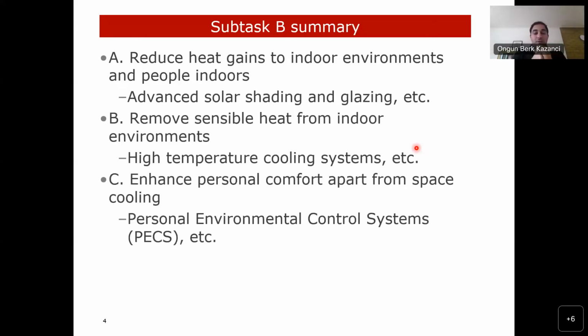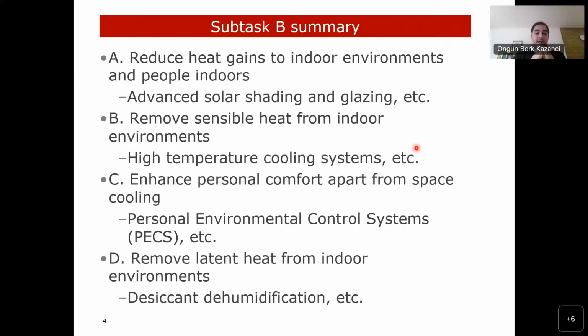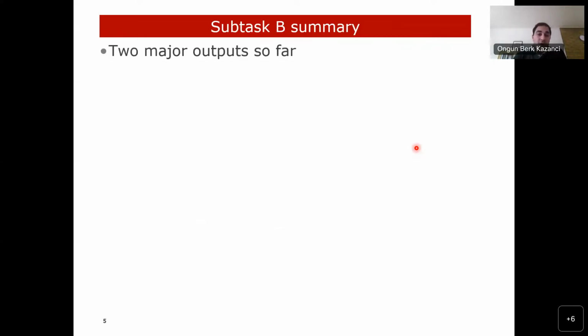The third group is to enhance personal comfort apart from space cooling, which is, for example, personalized environmental control systems, which we will again talk about. And then the last group is ways to remove latent heat from indoor environments, for example, desiccant dehumidification.